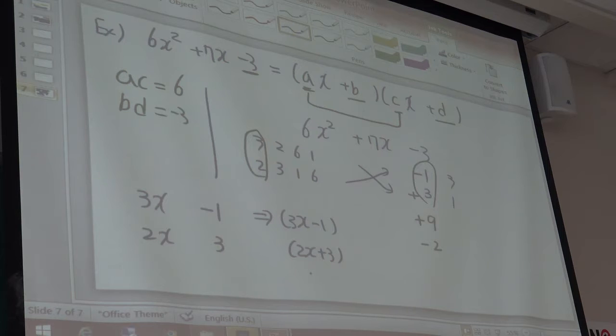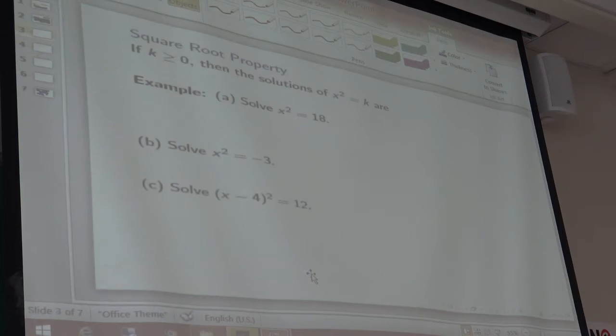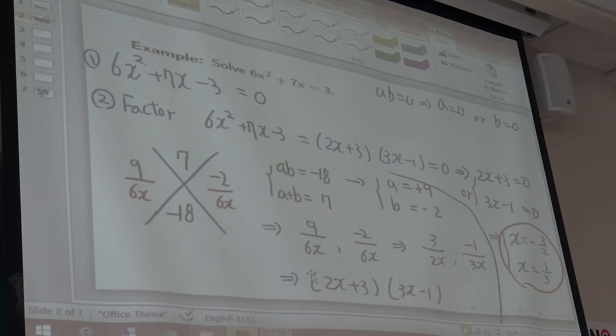And if you practice over and over, I think that you can figure it out. Okay, I think that's all for this question. Any other question?